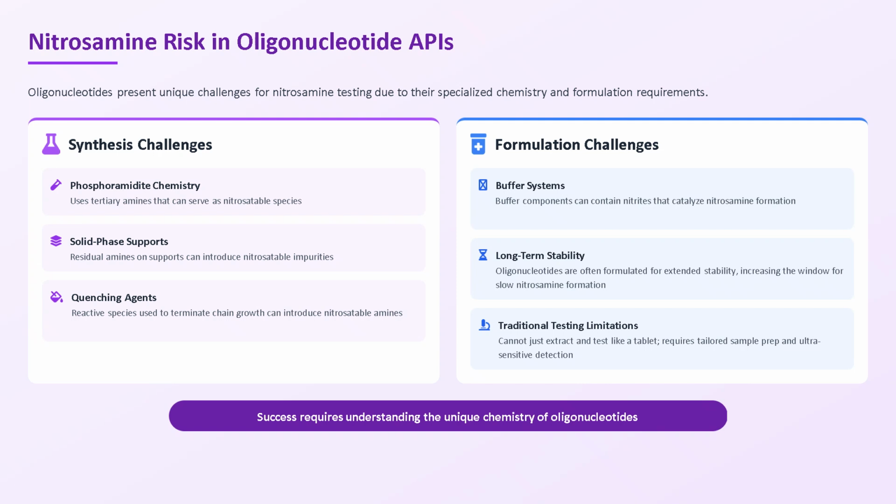Buffers can contain trace nitrites, and oligonucleotides are often designed for long-term stability, increasing the window for slow nitrosamine formation. Unlike tablets, you can't simply extract and test these products. Success requires deep understanding of oligonucleotide chemistry and tailored analytical strategies.